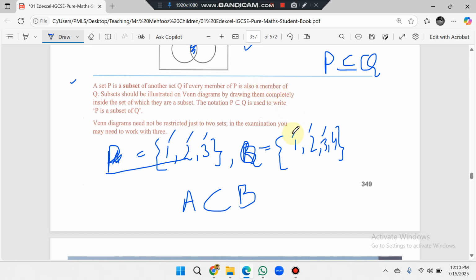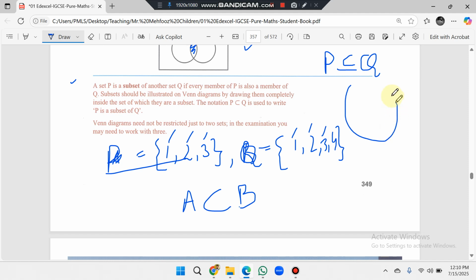Do you understand? Yes. Okay. Subsets should be illustrated on a Venn diagram by drawing them completely inside the set. So if you are drawing a subset in the Venn diagram, the subset is completely inside the bigger set.